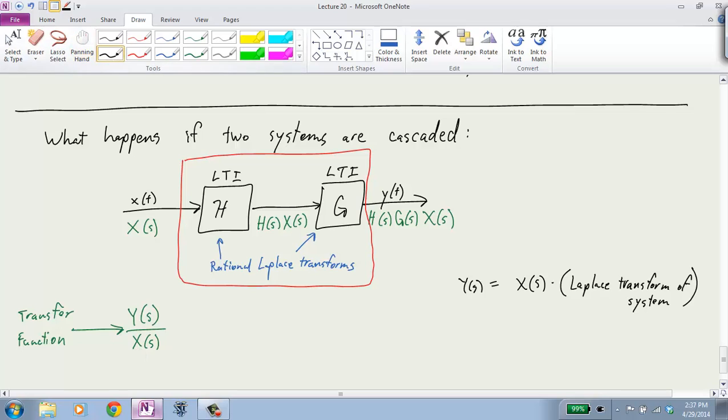So the transfer function of your system. And what's it going to be here? It's just going to be the product of the two systems. So what we get is that when you cascade two systems together, the new Laplace transform is just the product of the original two.